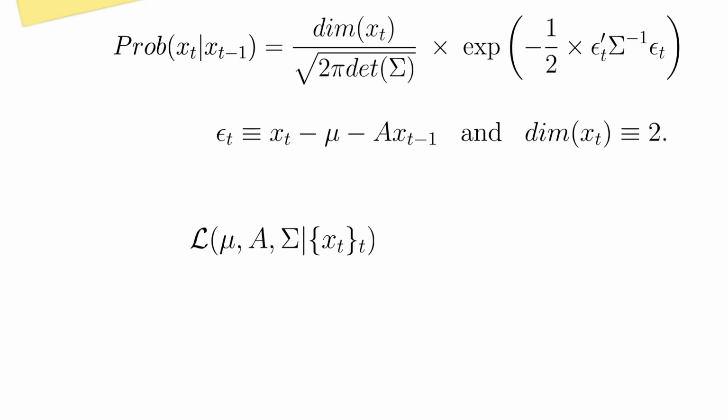So the respective likelihood for mu, A, sigma conditional on xt is the product from t going to 2 to capital T of the probability of xt conditional on xt minus 1. Now note, I leave out the unconditional probability of x0.